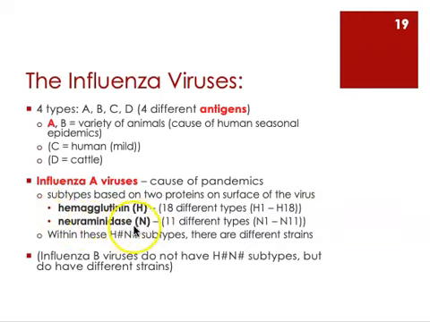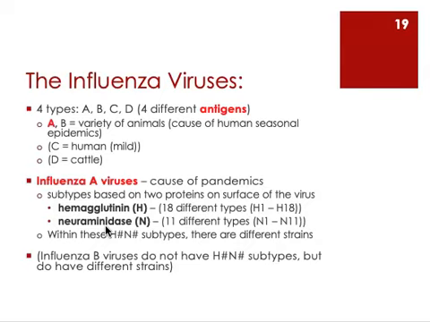Hemagglutinin and neuraminidase are simply proteins, and there are two that are on the surface of the influenza virus. Remember, the influenza virus is a spherical virus. It's enveloped, and it has spike proteins coming off the surface.